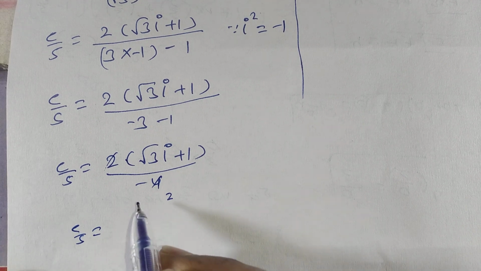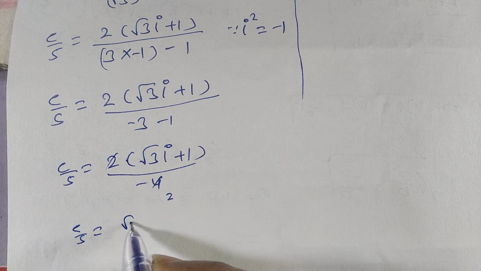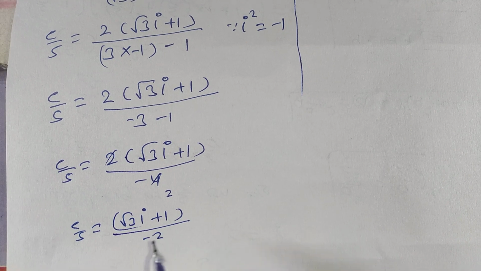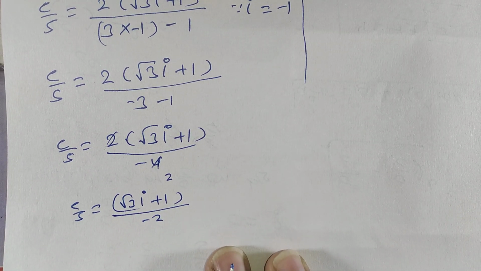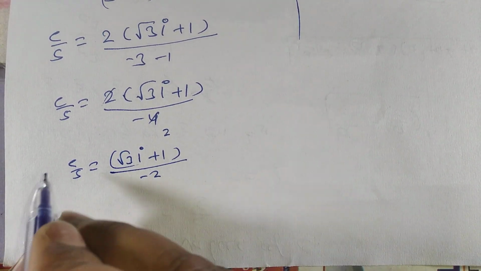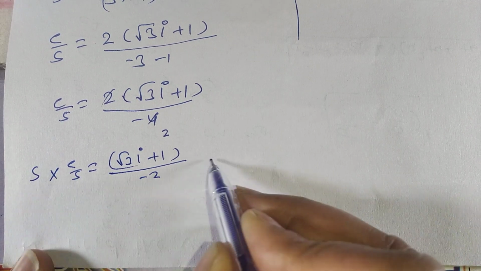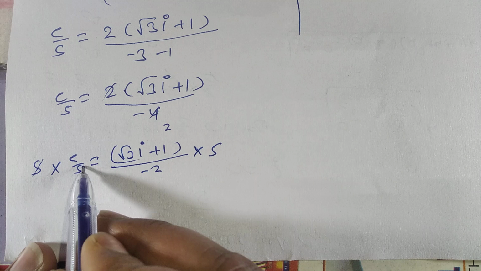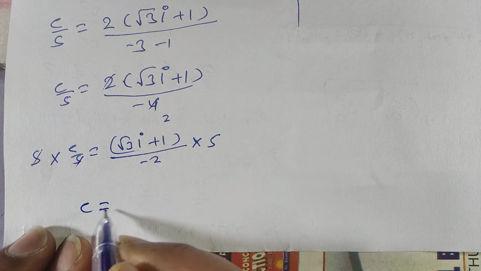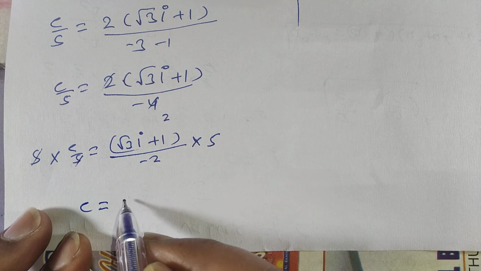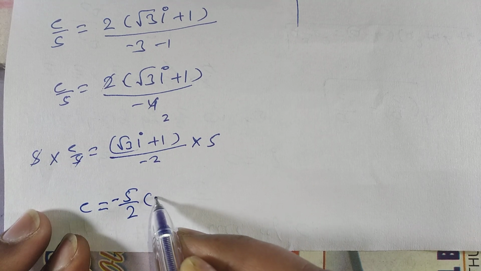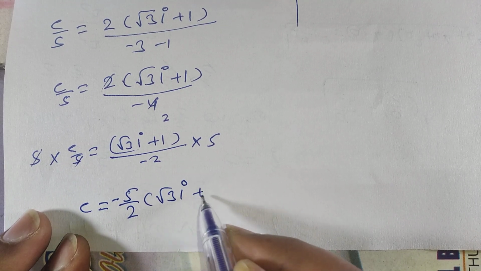C over 5 is equal to square root of 3 iota plus 1 over minus 2. Multiplying both sides by 5, this and this are cancelled. C is equal to minus 5 by 2 square root of 3 iota plus 1.